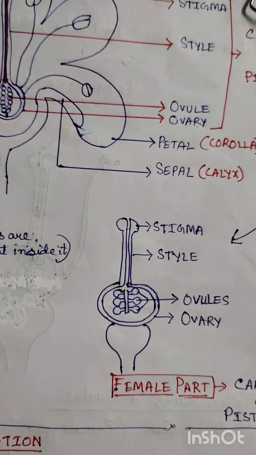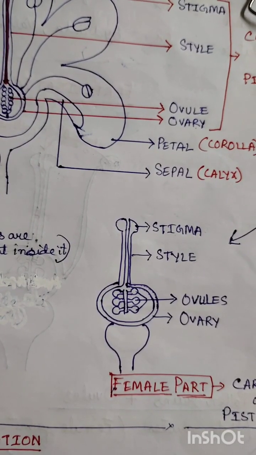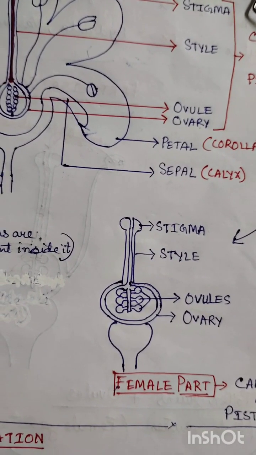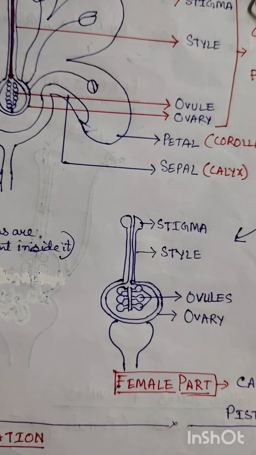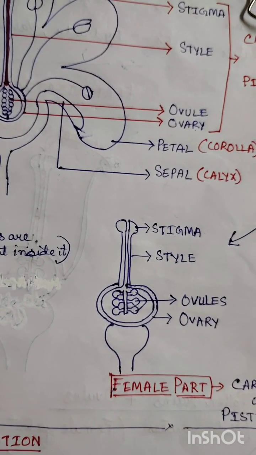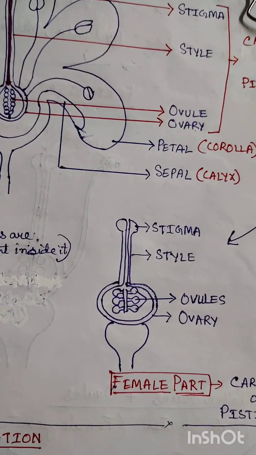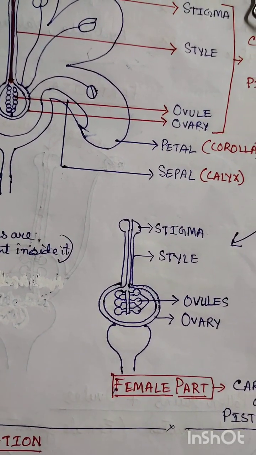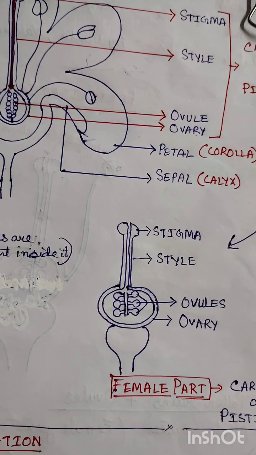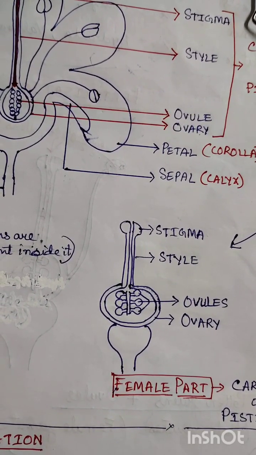Now, a flower which consists of all the four whorls, namely calyx, corolla, stamen, and carpel, is called a complete flower. A flower with both male and female reproductive parts is called a bisexual or hermaphrodite flower. Others may have either male or female parts. Such flowers are called unisexual flowers.